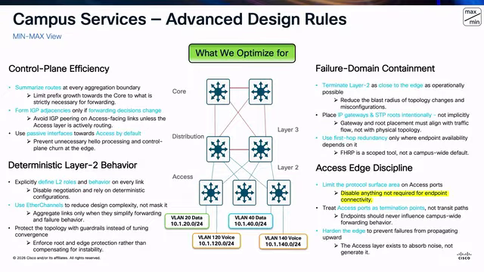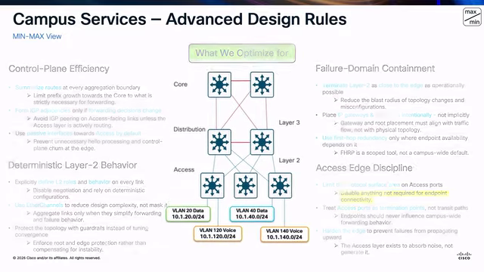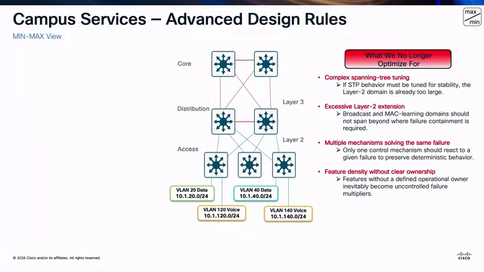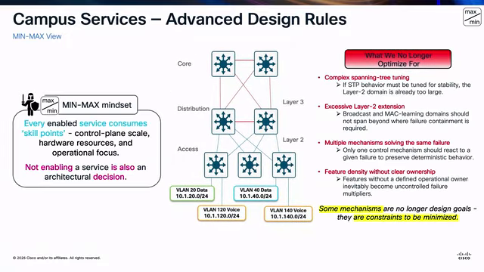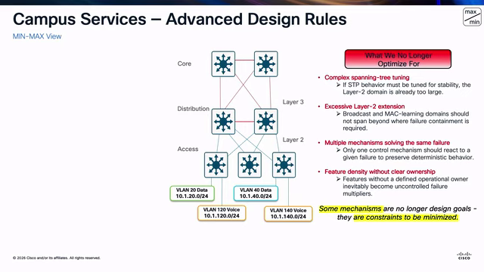We tend to turn on everything that is available within the license, and then our network is hit with a vulnerability that we weren't even aware exists. So what we no longer optimize for: we no longer optimize for complex spanning tree tuning. So if our layer 2 is too big, maybe we should, again, rethink our design. Extensive layer 2 extension, multiple mechanisms that are solving the same problem.